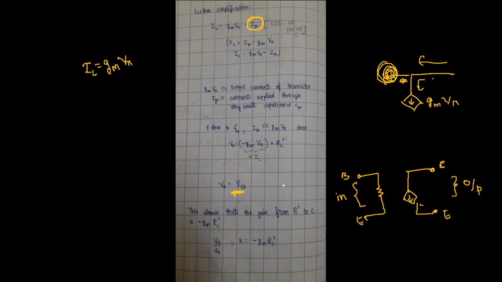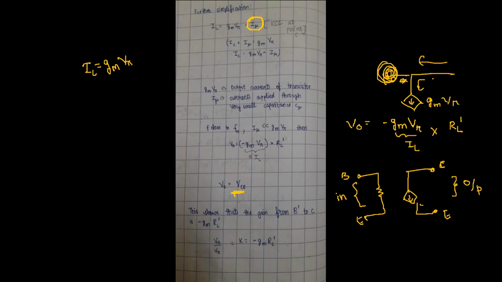So now we know what IL is. Let's try and find what the voltage gain actually is. So I have VO is equal to minus GM into V pi, and no, this is IL, and IL into RL dash is what gives me VO.